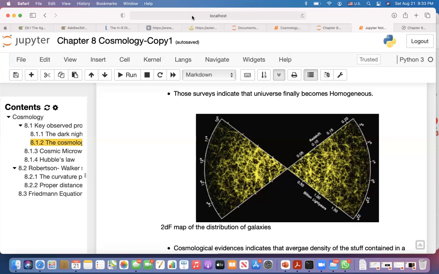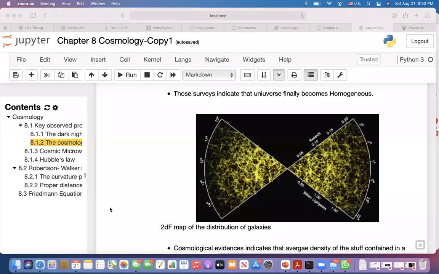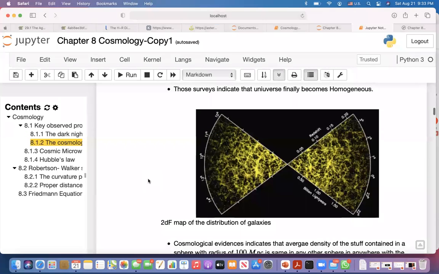Right, so to make it safe, let me stop share and share the screen again. Right, so I assume that all of you can see my shared screen, right, with this map of 2D field survey map. So if not, please let me know.